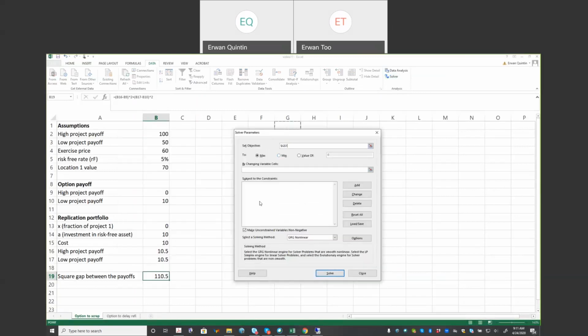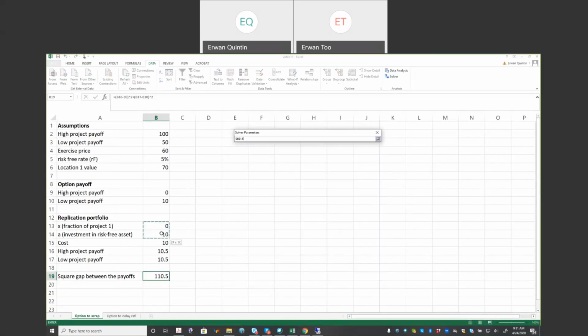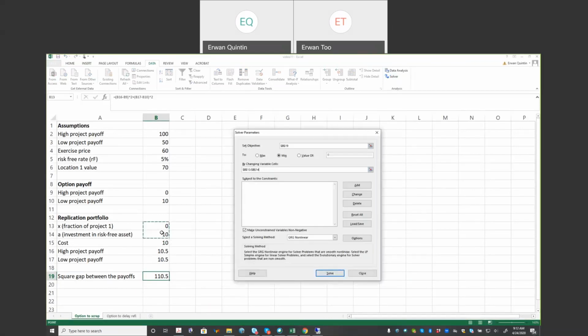Okay, so I want the square gap between the payoffs to be minimized. In fact, I want to set it to 0, but it's quite enough to minimize it because a square has to be positive. So making a square 0 is minimizing the square, by changing X and A. Now we have to be careful here because you see this checkbox, it says make unconstrained variables non-negative.